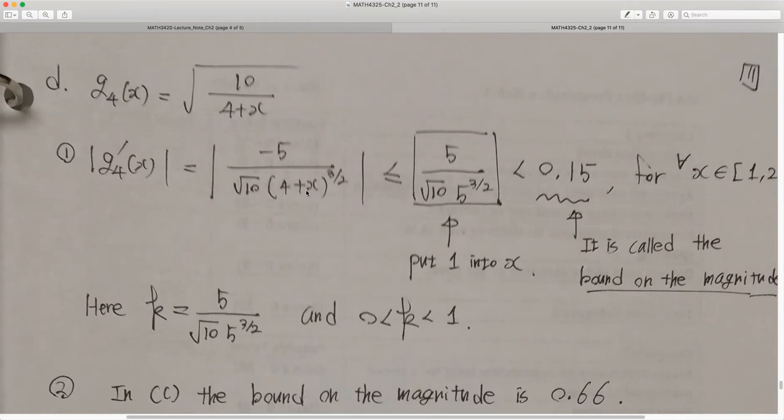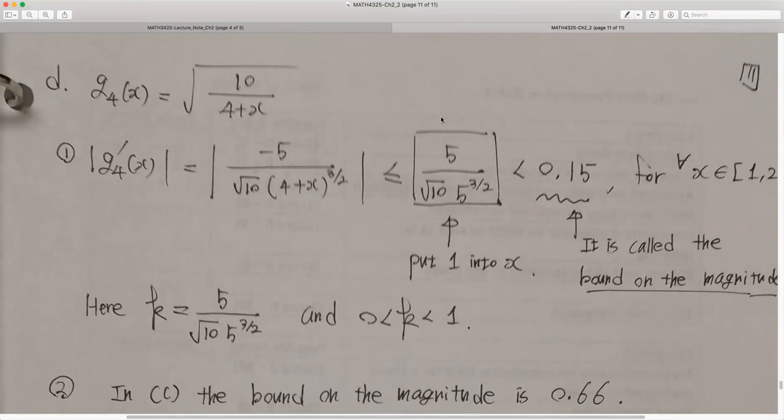So if we substitute the minimum x value on the domain, we get the largest value of the fraction. The minimum x value in the closed interval 1, 2 is 1. So plugging 1 into x, we get 5.